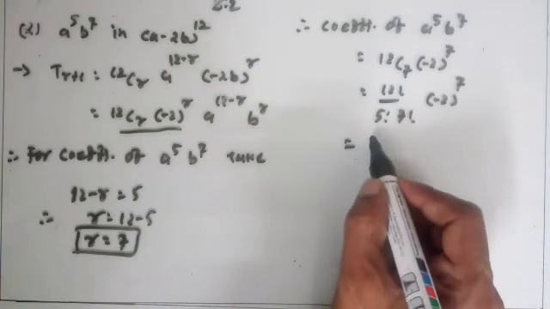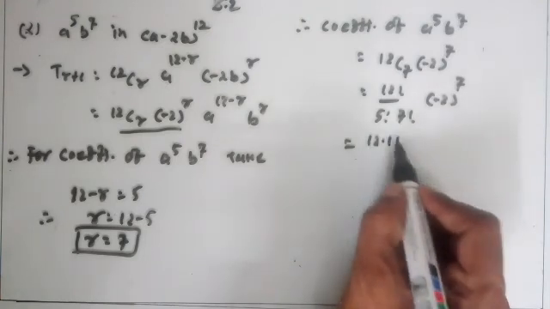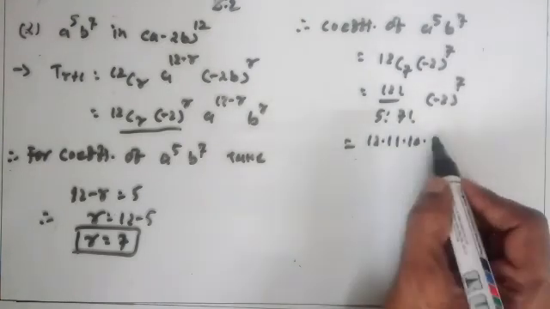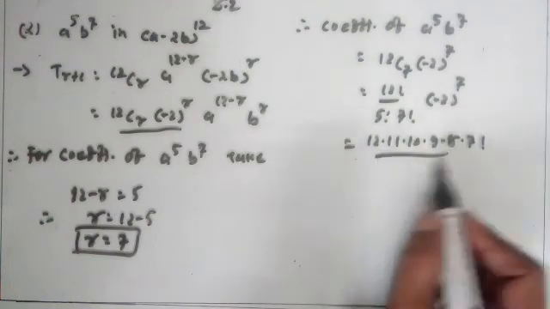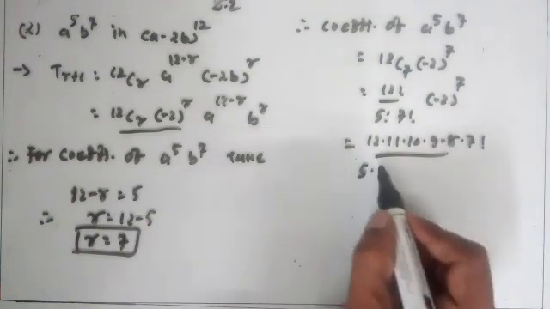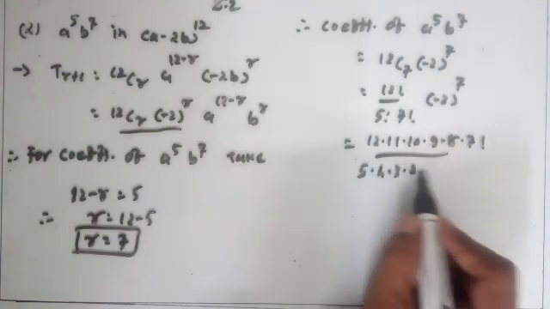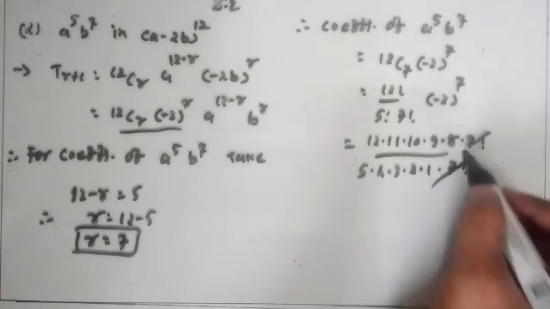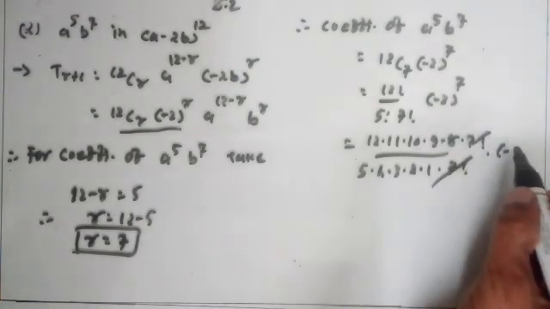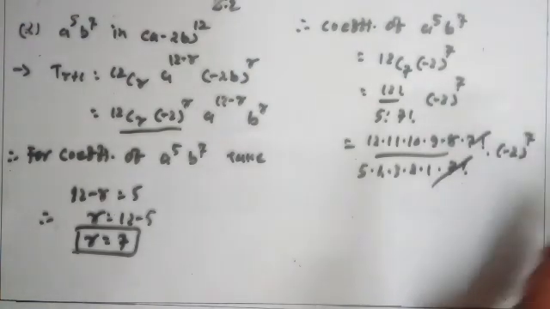So it is 12 into 11 into 10 into 9 into 8 into 7 factorial upon 5 into 4 into 3 into 2 into 1 into 7 factorial. 7 factorial from both cancel, into minus 2 raised to 7.